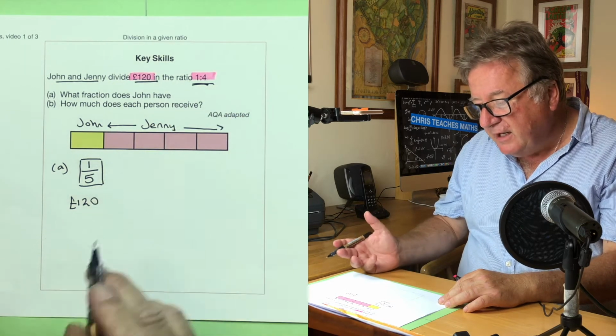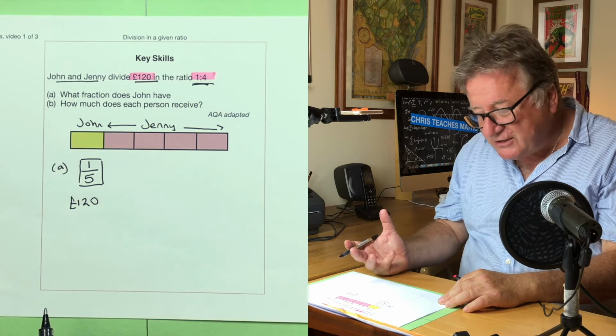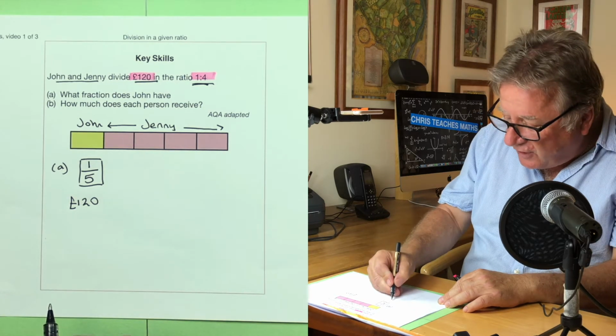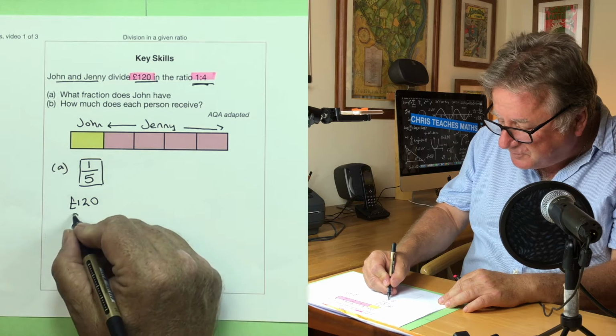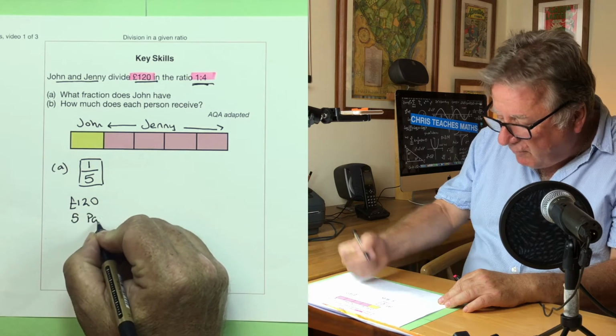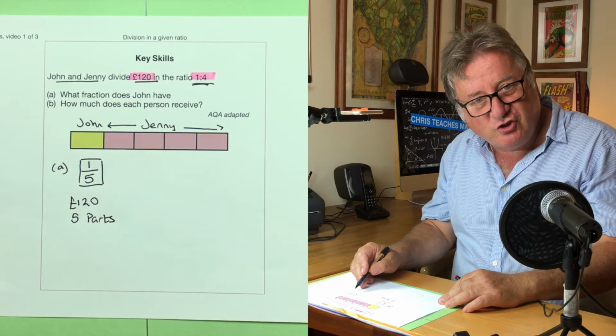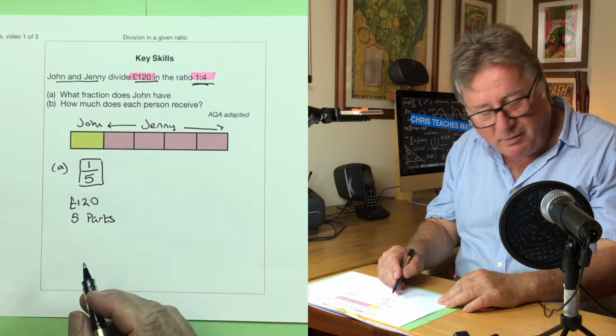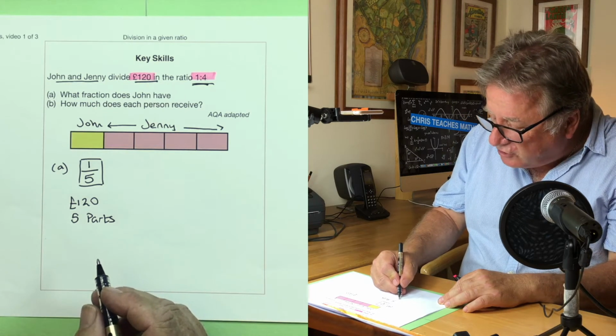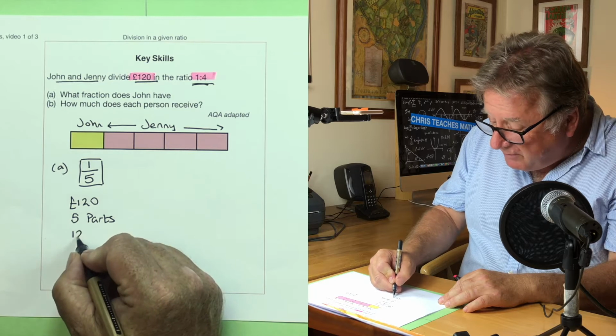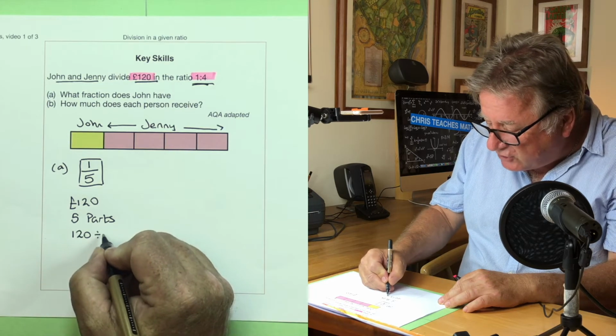Now, if we consider how many parts there are altogether, there are 5 parts. And we're sharing that £120 into the 5 parts. So 120 divided by 5 is 24.